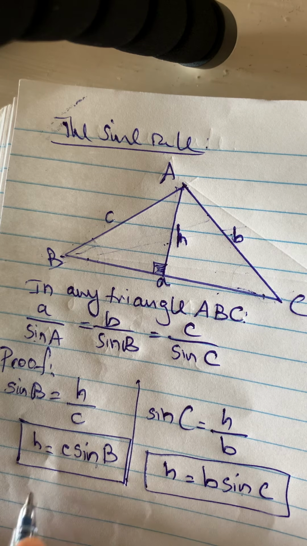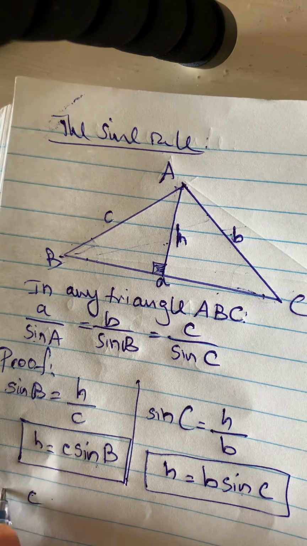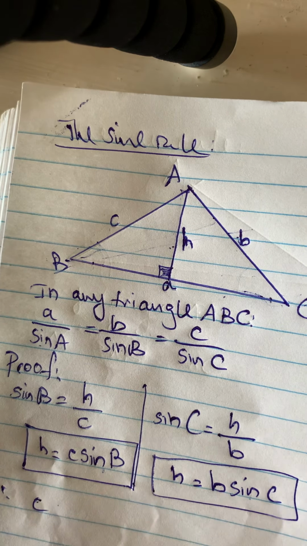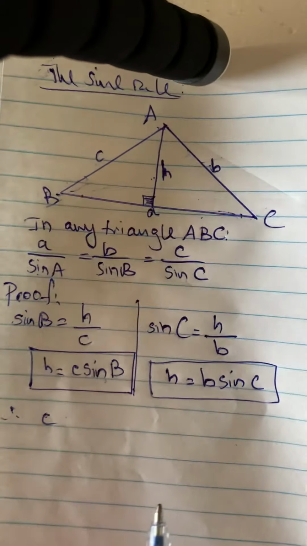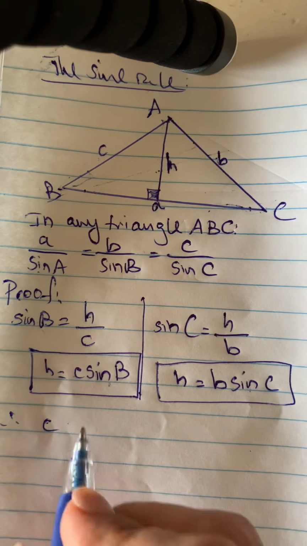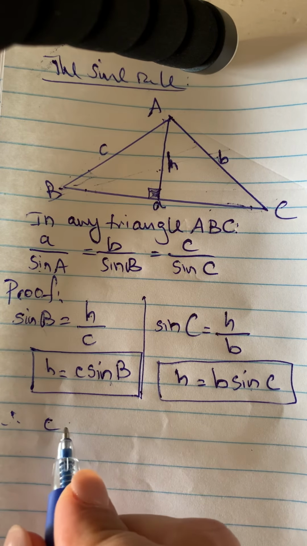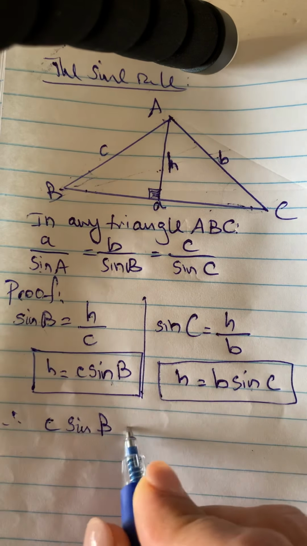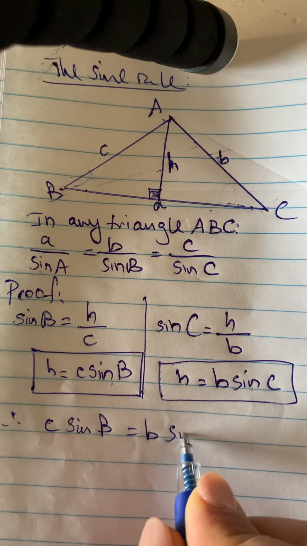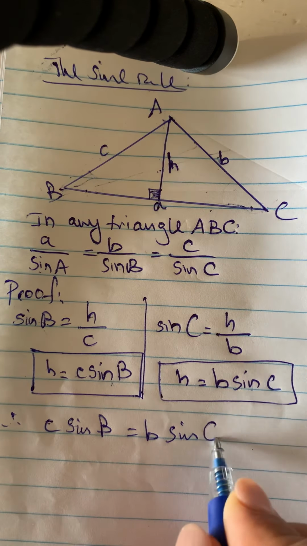Because they're both equal to H. Therefore, c sine angle B equals b sine angle C.